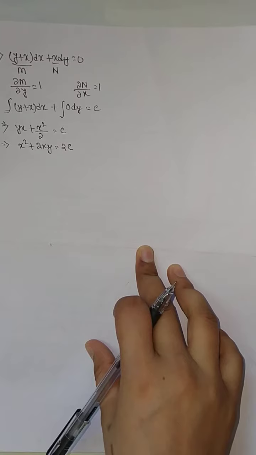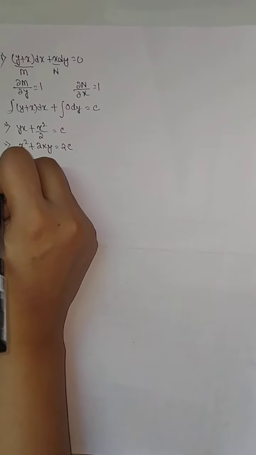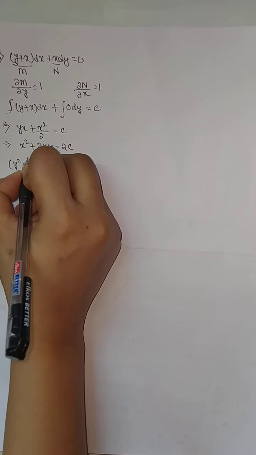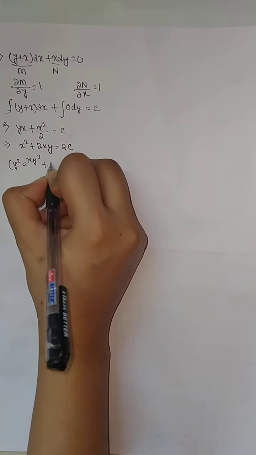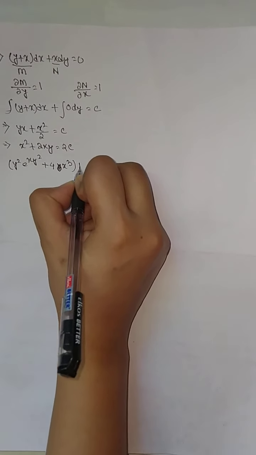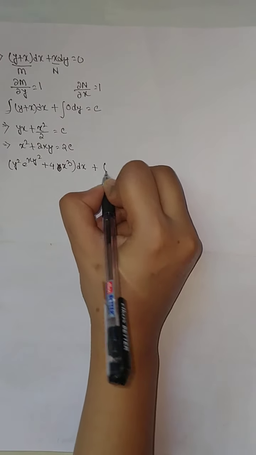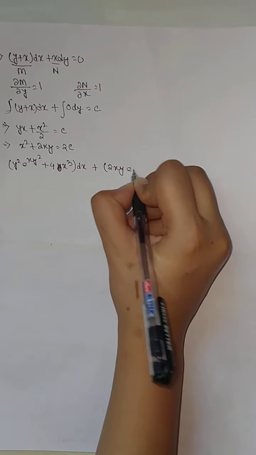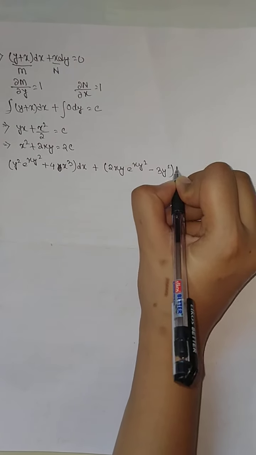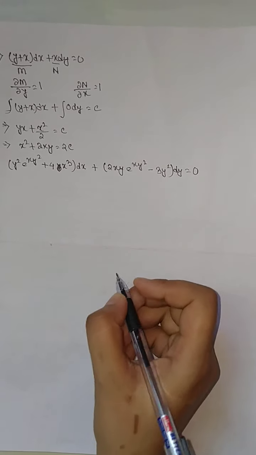Okay, moving to differential equation number 2: (y² e^(xy²) + 4x³) dx + (2xy e^(xy²) − 3y²) dy equals 0.